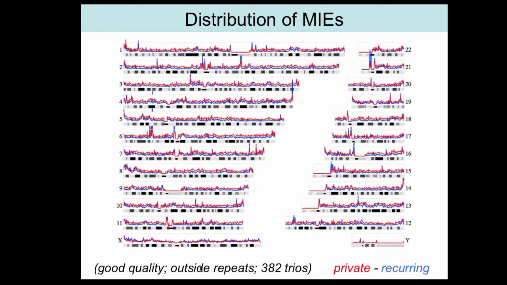Certain regions accumulate more errors than others. So if you look, for example, at an area here, you can see that there are certain peaks of Mendelian inheritance errors, particularly in dark cytobands. And as we all know, those bands correlate with low GC content sequences.